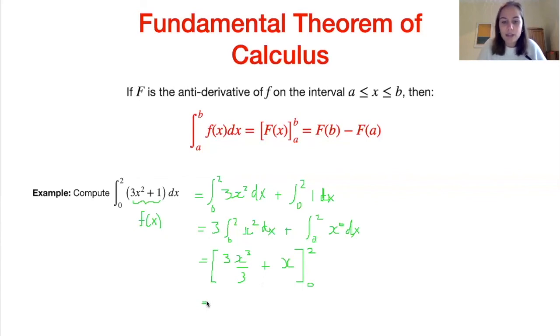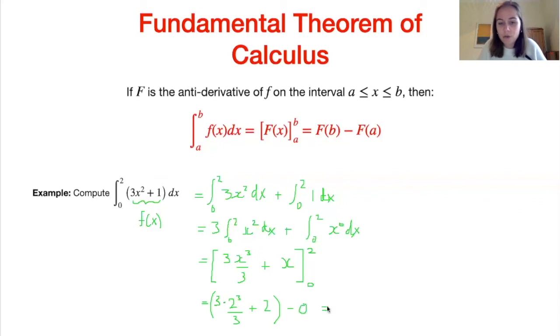First of all, substituting in 2, we get 3 times 2 to the 3 over 3 plus 2. And we need to subtract this, plugging in 0. Well, we can see that if we plug in 0 into this expression, it's just going to be 0.